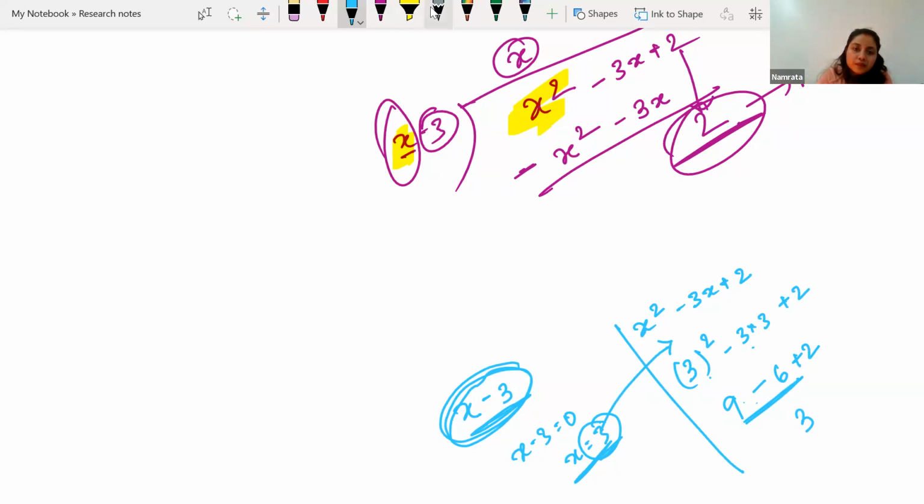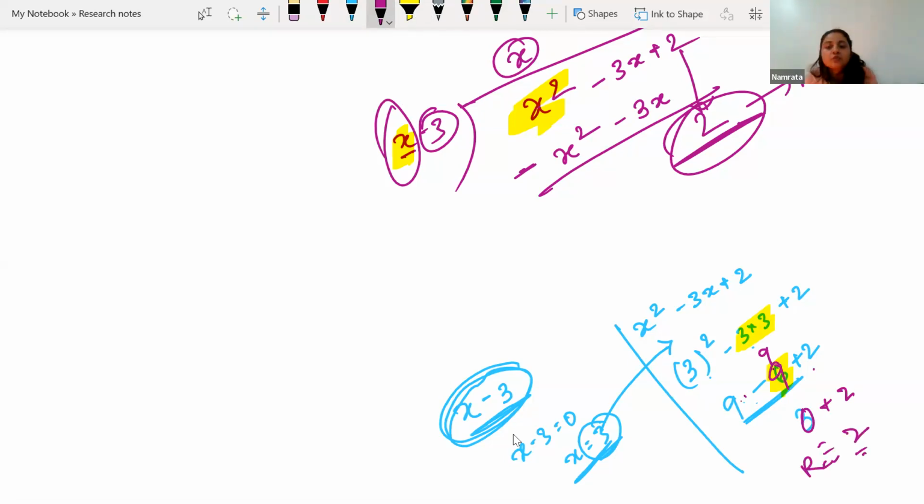Okay, yeah. This is not 6, this is 9, right? 3 into 3 will be 9, not 6. So 9 minus 9 is 0. 0 plus 2 is 2. So the remainder we got is 2.